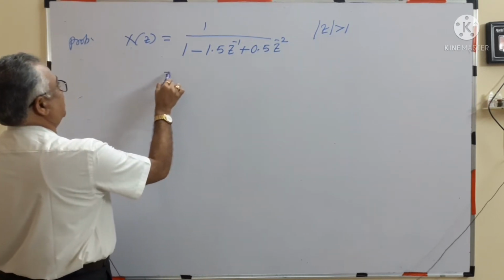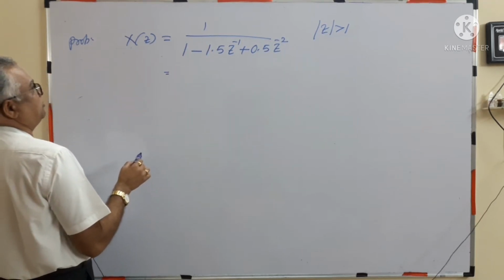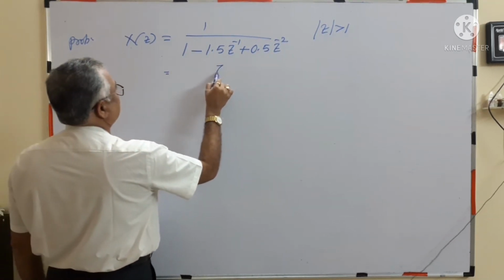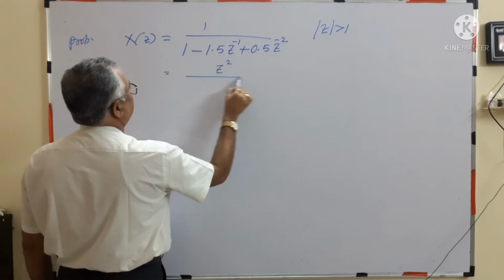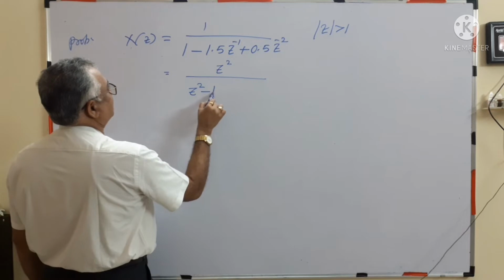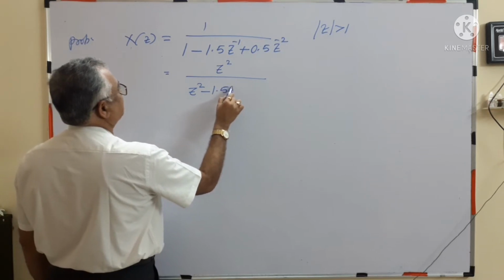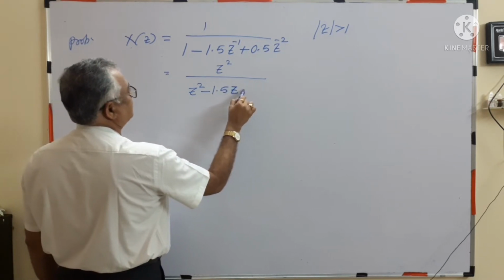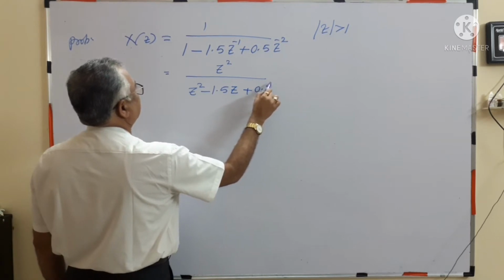You can multiply with z power 2. So you will get z power 2 by z square minus 1.5 z plus 0.5.